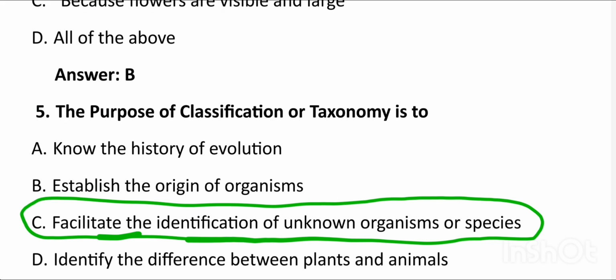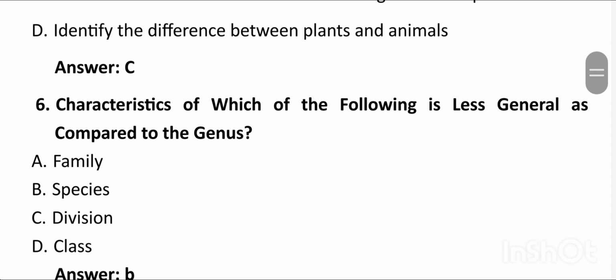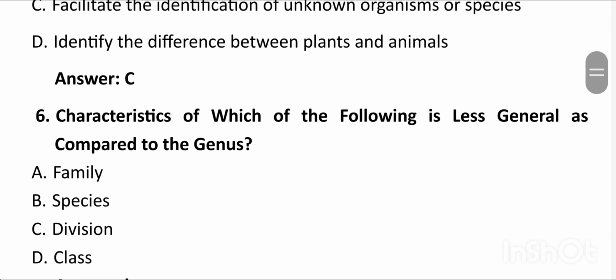So they should be identified, classified on the basis of their characteristics. So the ultimate purpose or aim of classifying the plants and animals is to facilitate the identification of unknown organisms.